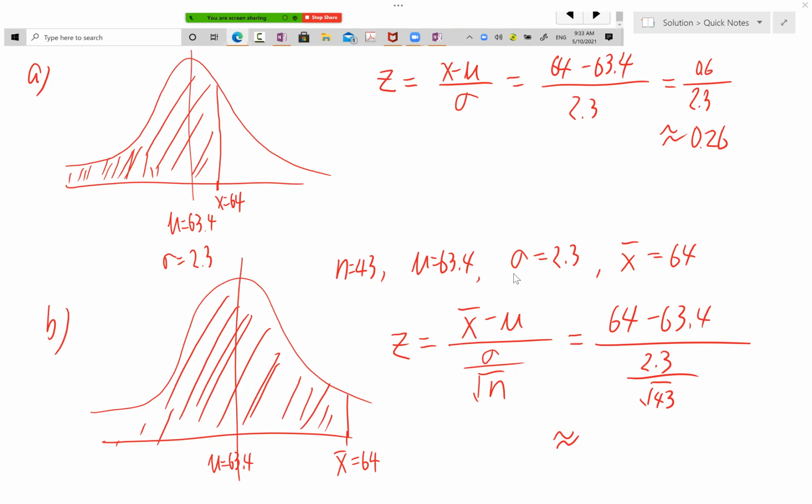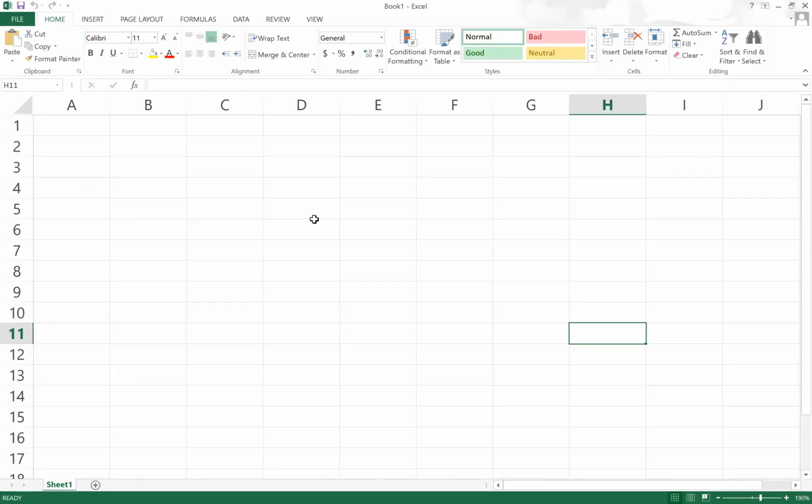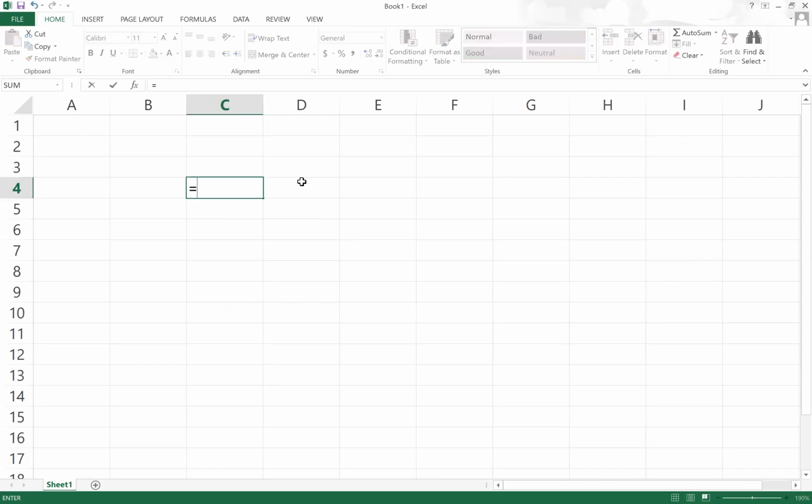Okay, so I'm going to share the screen with you in a second. Here we go. So we're supposed to put the numerator in parentheses, so 64 minus 63.4. Well, that takes care of the numerator, and now we divide by the denominator.